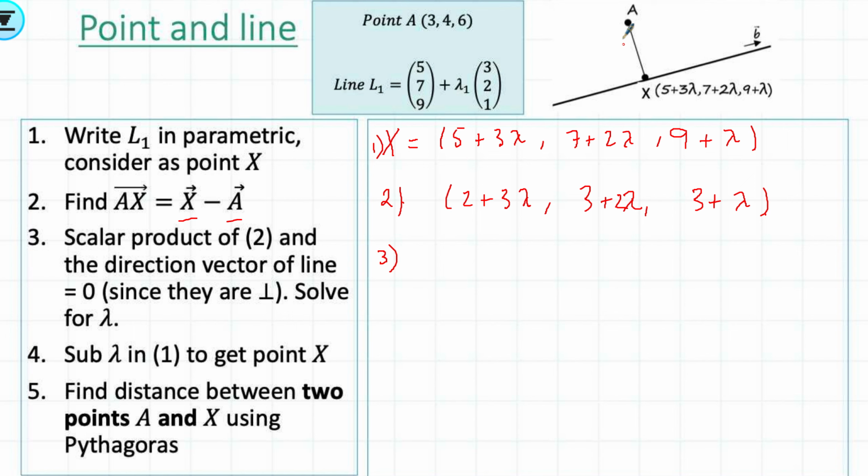And then, given that this is the distance, the shortest distance would be something that would be perpendicular.